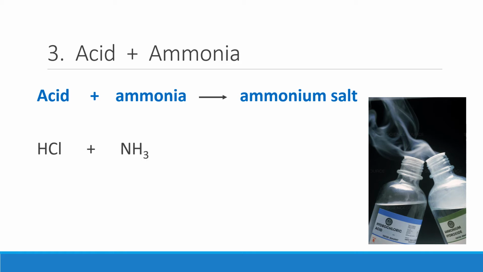So HCl plus NH3, our ammonium salt, the hydrogen is going to join with the ammonia to make an NH4+, and then that's going to combine with our anion, our Cl-. And so our product here is just NH4Cl, ammonium chloride. Right? So chloride has a -1 charge, so I just need 1 ammonium.